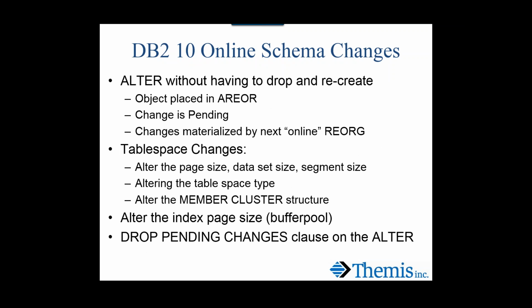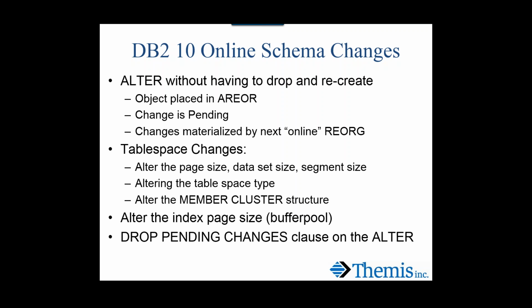Okay, another new feature in version 11 is kind of an extension of what we got in version 10 with the online schema change. Okay, so version 10 gave you the ability to do alters that we couldn't do before, right? Alter things on a table space or a table that we couldn't do before, and they introduced the concept of a pending change.